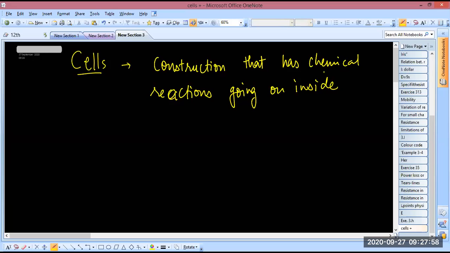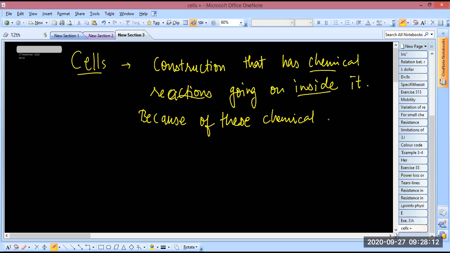Cell is any kind of construction that has chemical reactions going on inside it. And because of these chemical reactions, it gives or provides potential difference.